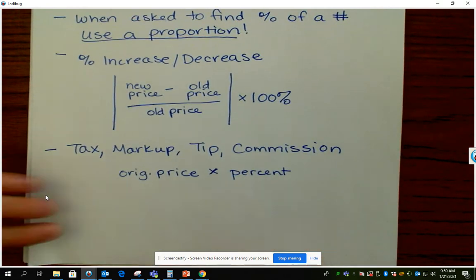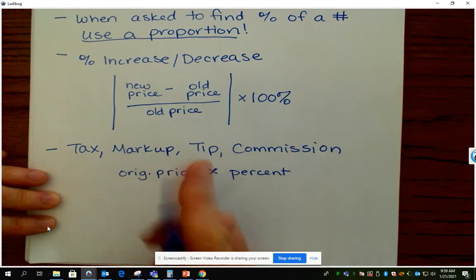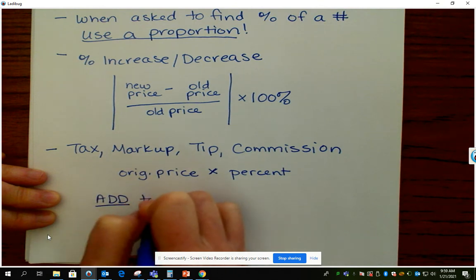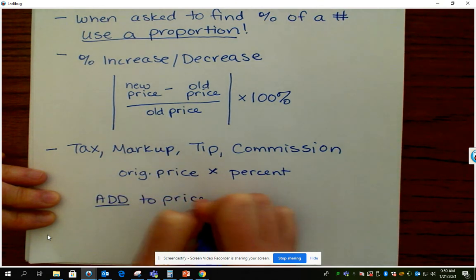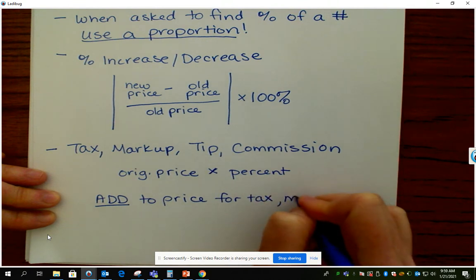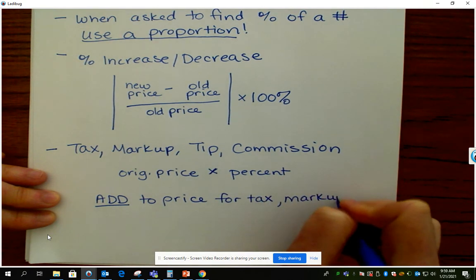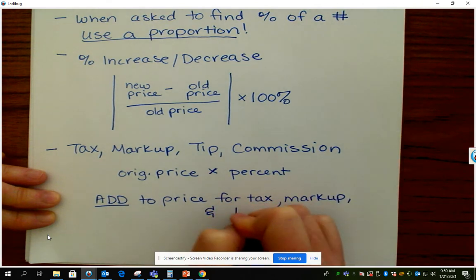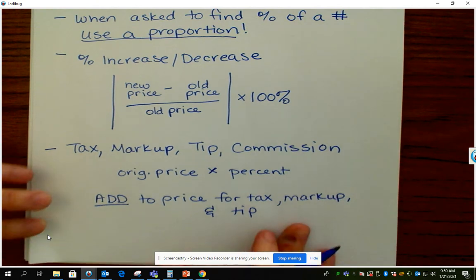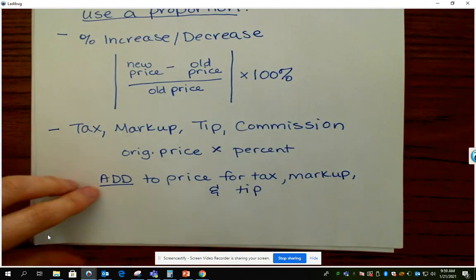Now, for tax, markup, and tip, you need to add that to the original price. You would add your tax, add your markup, or add your tip. Not for commission. Remember, we don't add the commission. The company pays that. All right?